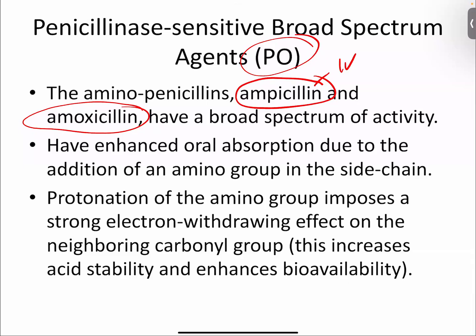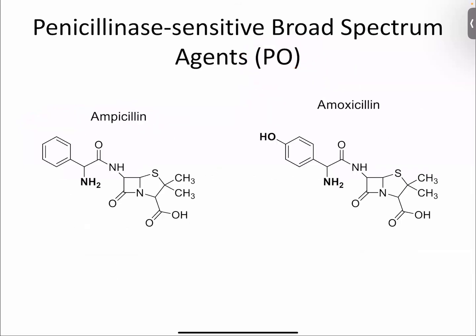So one of the liabilities of the penicillins is their propensity to hydrolyze in the gastrointestinal tract under acidic conditions.